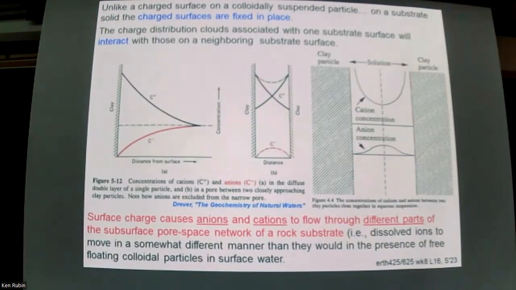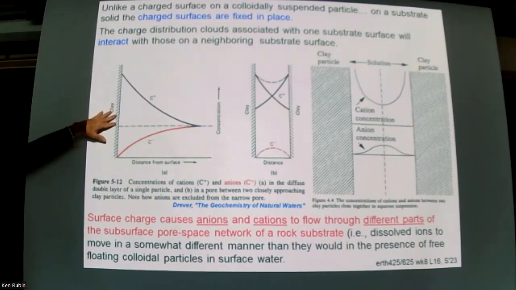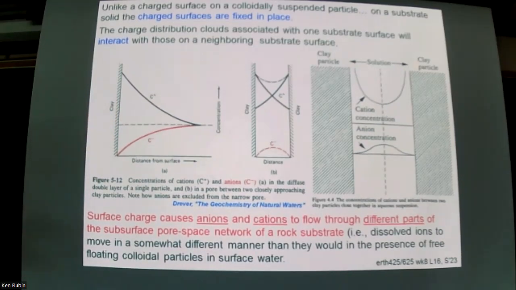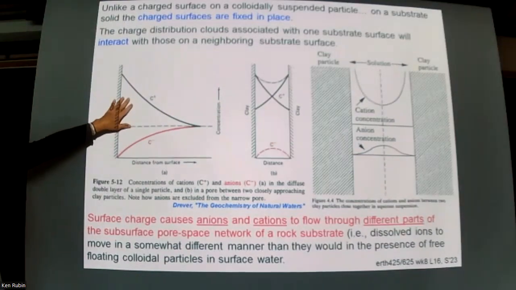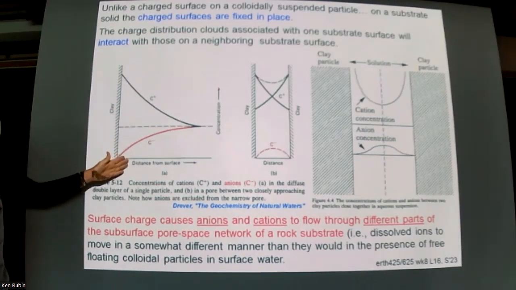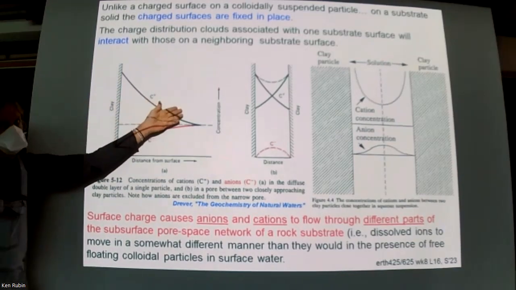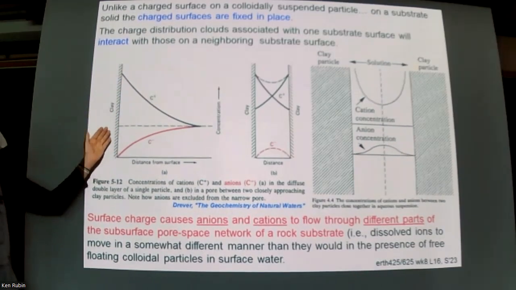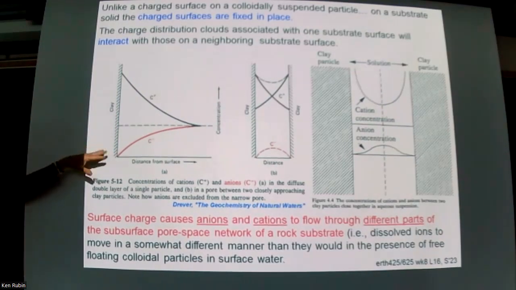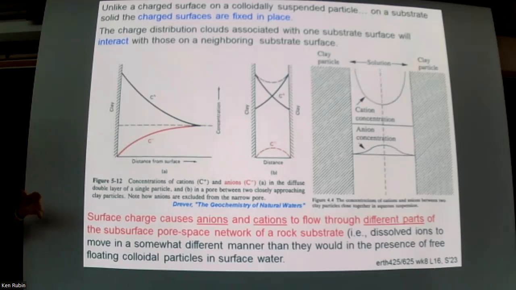So I mentioned the particle charges. I just want to remind you of what they look like, right? If we have a plate particle with a negative charge, it can have either a single layer or a double layer model. For this set of examples, they just used the single layer model because it's easier to draw. But near the particle surface, because it's negatively charged, we pull in more cations than anions, right? And when we're out floating in the water, this is what allows colloids to stay suspended, due to their solvation.